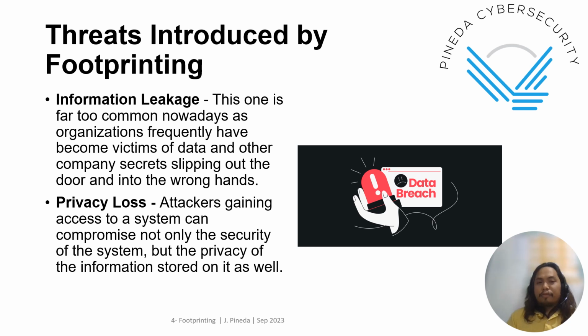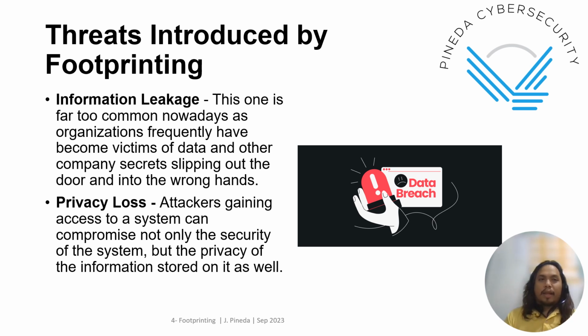Next is information leakage and privacy loss. Obviously, later on, this is the information that we want to get. And in cybersecurity, information security, it is agreed that the information inside the computer is more important or more valuable than the physical or tangible asset itself.